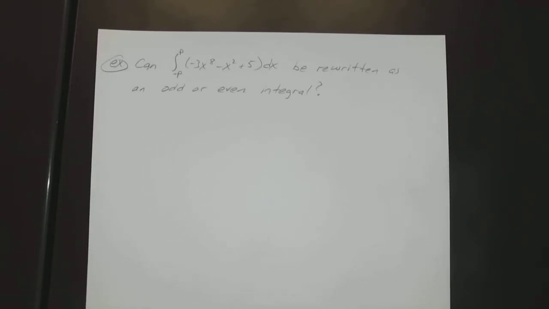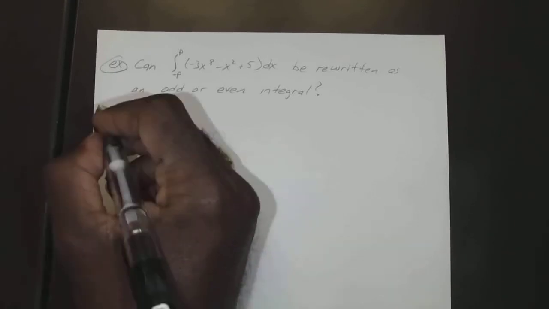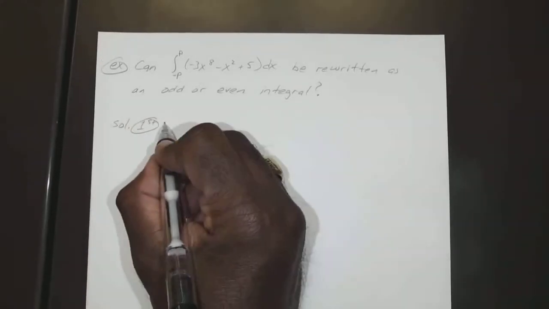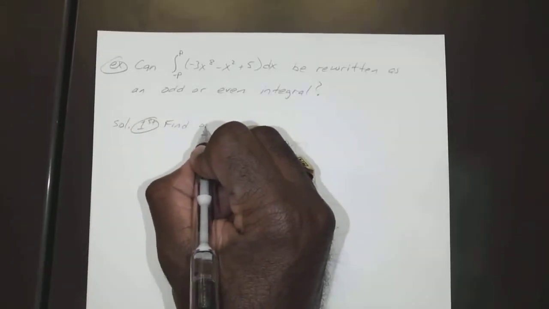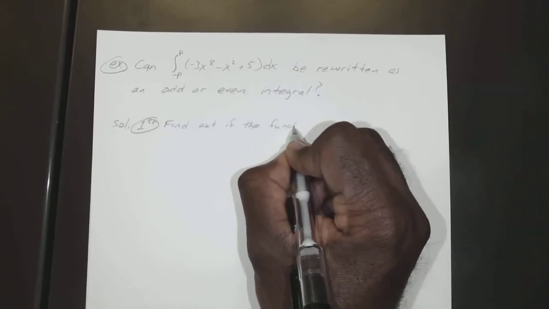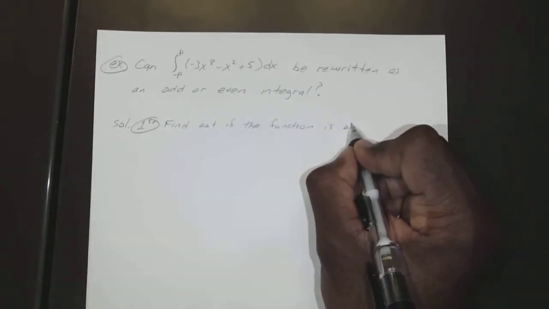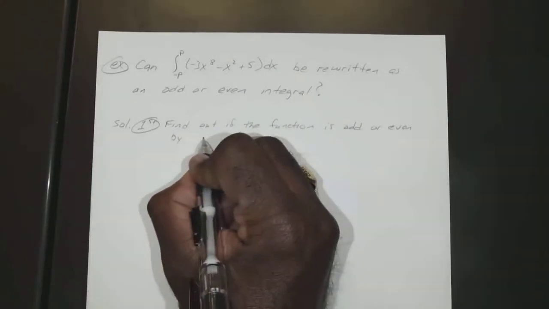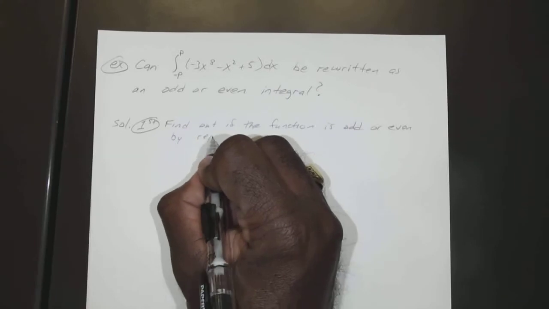Okay. So the first thing you want to do is find out whether or not that's an odd or even function. Find out if the function is odd or even by replacing x with negative x.